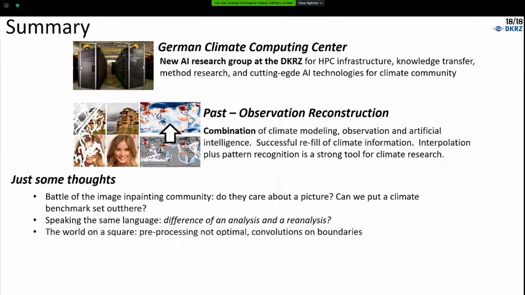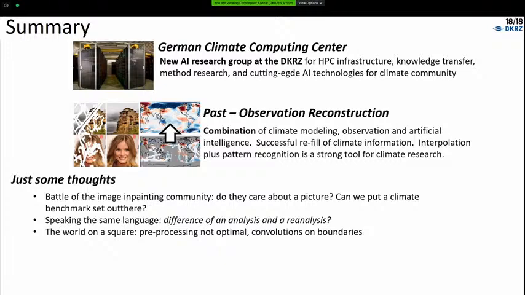This goes back to the first bullet point here: the world is on a square. We already had that seminar on convolutions on the globe. What I tried to do with that paper was use the technology as it is, and stay with the pre-processing as close to HadCRUT4 as possible, because in the end I wanted to reconstruct the HadCRUT4 dataset.